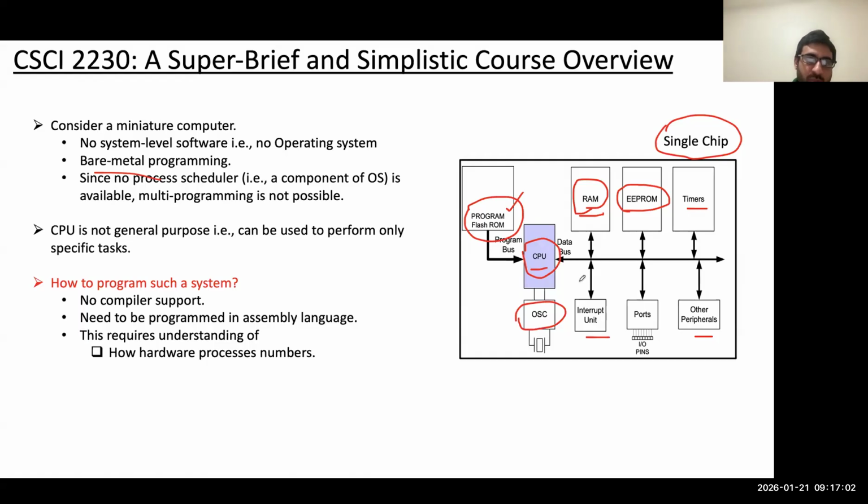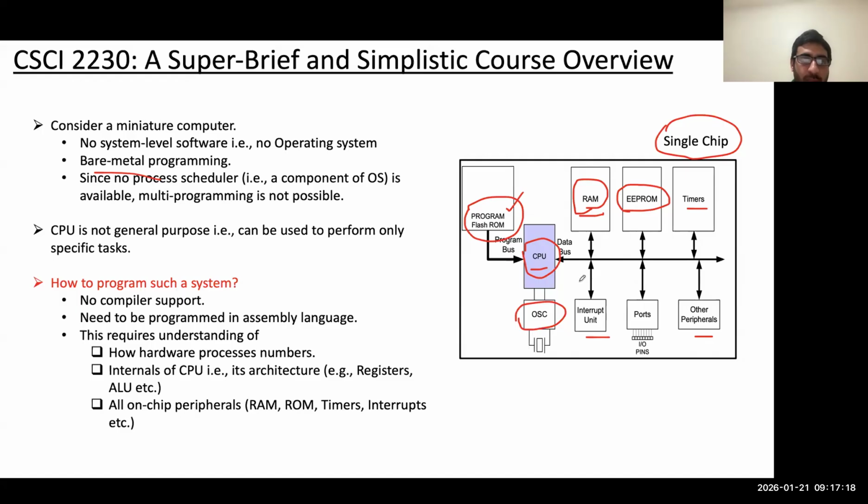For example, how hardware processes these numbers, what the internal details of the CPU are, how many registers there are, what the purposes of those registers are, and also the characteristics and features of all the on-chip peripherals, for example RAM, ROM, timers, interrupts, and so on, right?